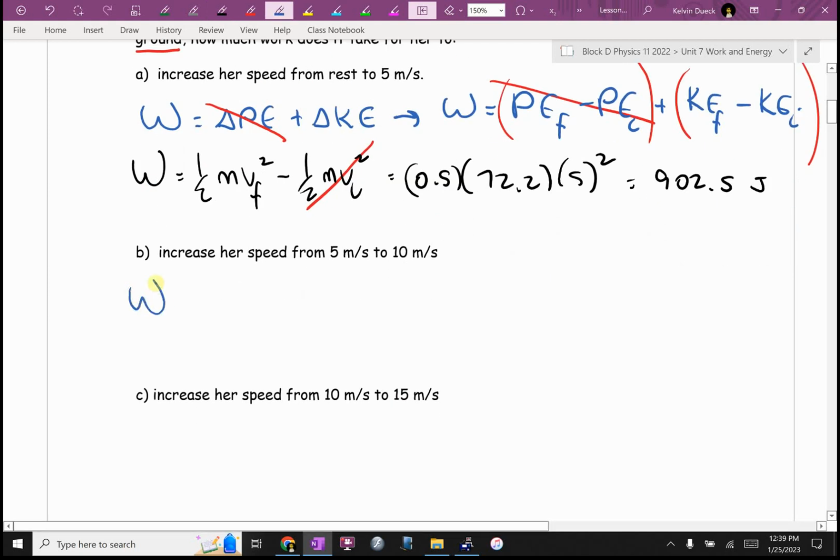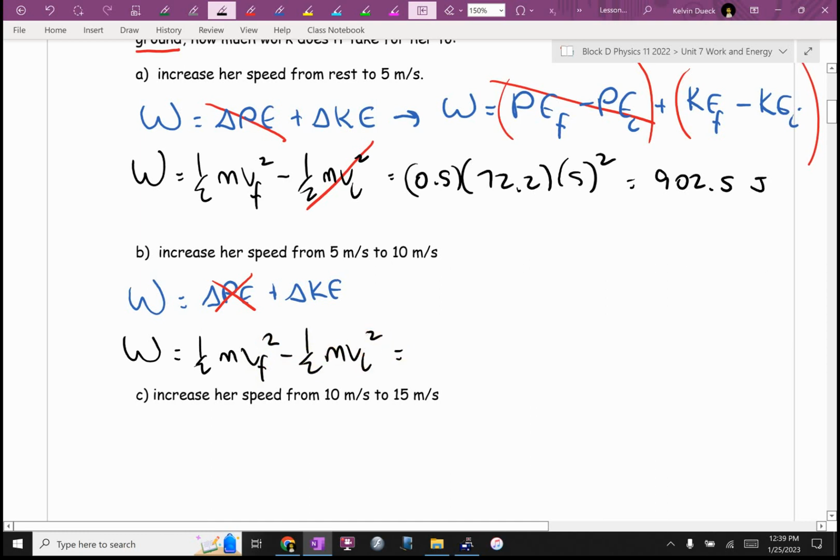The work is going to be, again, change in potential plus change in kinetic. But Noor, what's the change in potential this time? Level ground, so 0. So it's going to be a half m v final squared minus a half m v initial squared. So it's going to be 0.5 times 72.2 times 10 squared minus 0.5 times 72.2 times 5 squared.